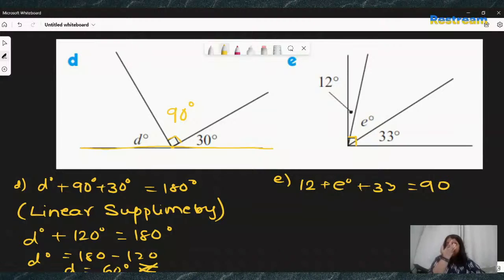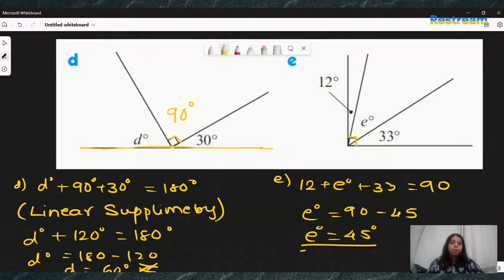Even if you don't write the degree sign, it's still okay. 12 plus 33 is 45, so E is equal to 90 minus 45, E is equal to 45 degrees. So you have to know whether it is a supplementary angle or a complementary angle, and then solve accordingly. Let's see if we have any different combination than this.